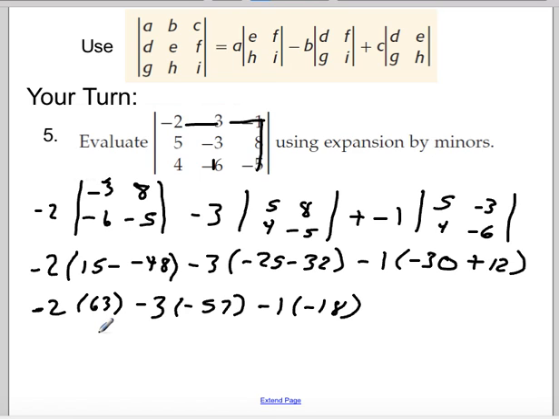So doing our math on this, we get negative 126. A minus there is going to be a plus. So we get 171 and then plus 18. So doing our math, negative 126 plus 171 plus 18 yields 63.